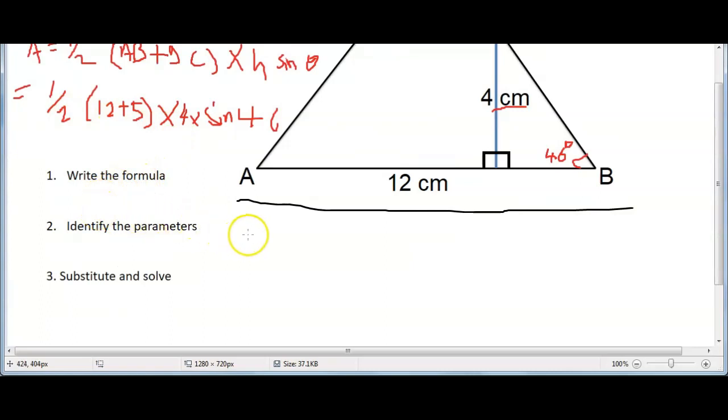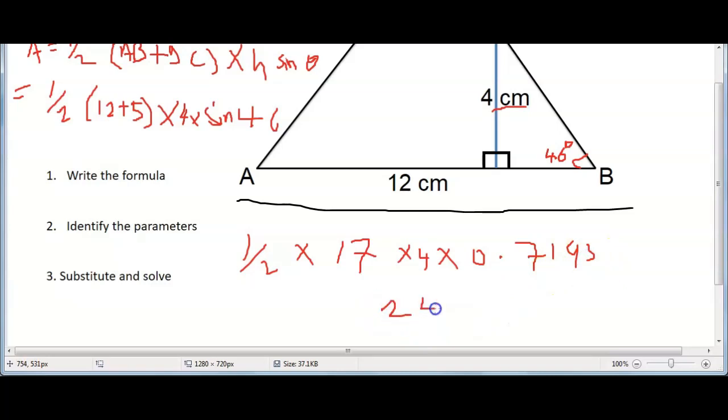So you're going to have half times 17 times 4 times the sine of 46, which is 0.7193. Finally, we end up with 24.46 centimeters squared to 2 decimal places.